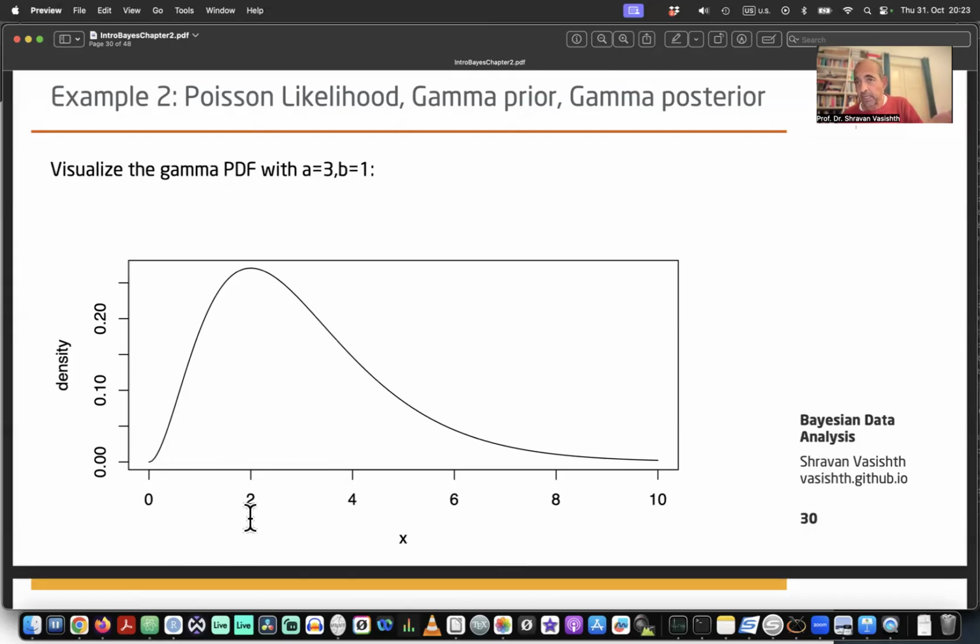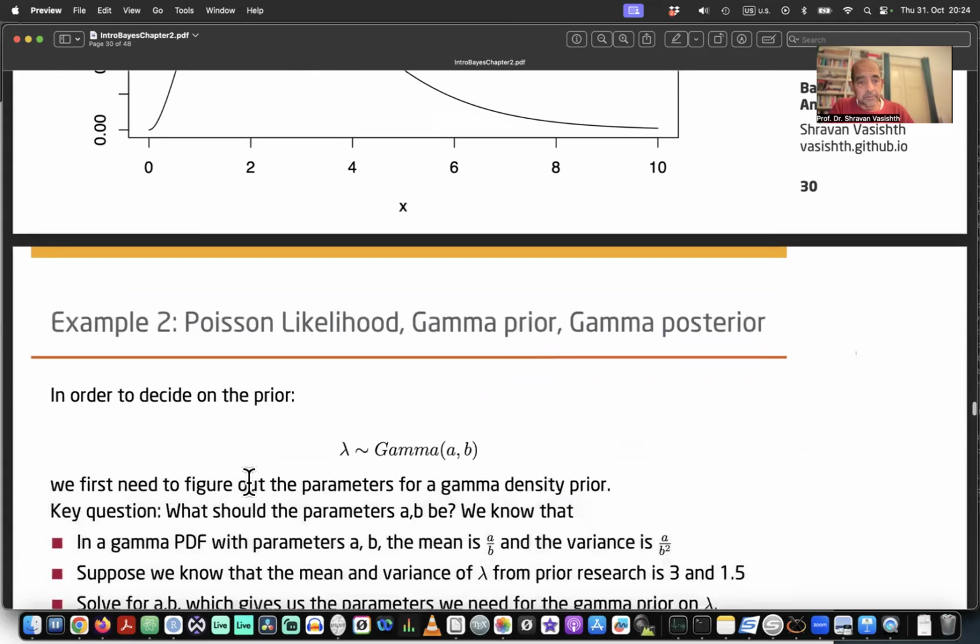Even without knowing anything else about the problem, this could be a reasonable prior distribution, because we do know that regressions don't have a very high count. Normally you have 2 to 3 regressions in most cases at most, so this would not be a wild prior distribution.